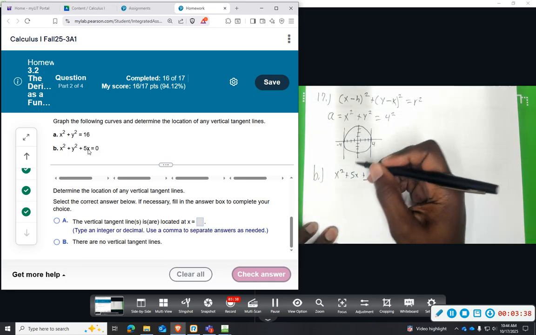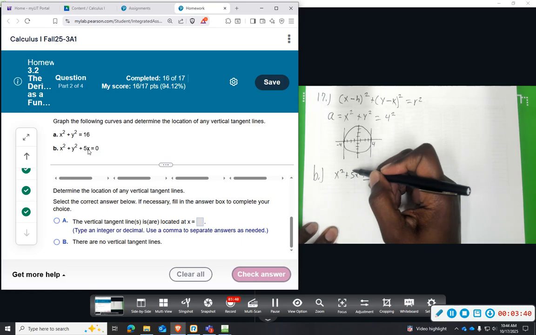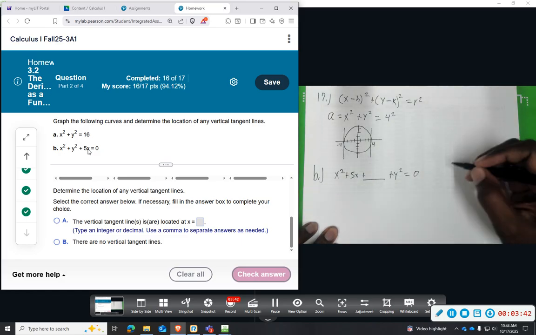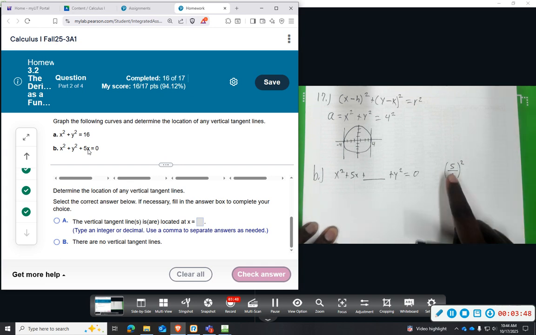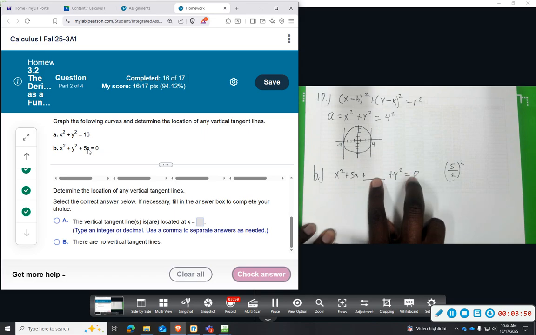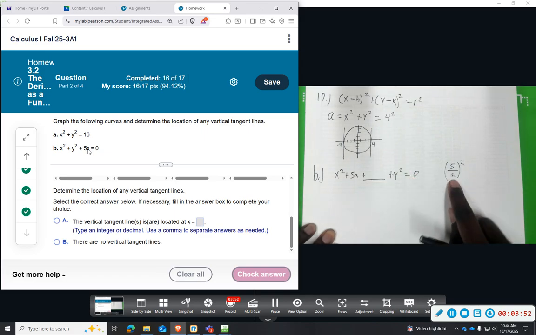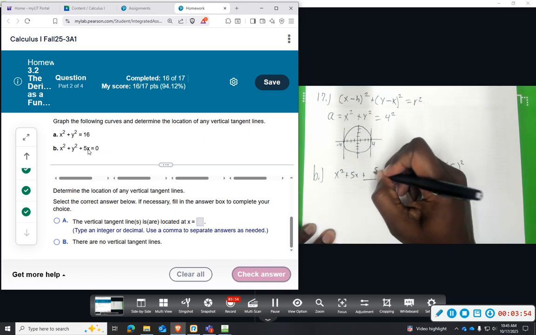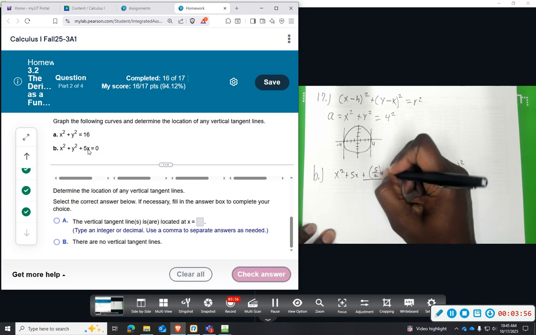So we're going to need to complete the square. In order to complete the square, we have to take our middle term, which is 5, divided by 2, and then square it. This term is going to be added to both sides. So (5/2)², I'm going to leave it in that form.